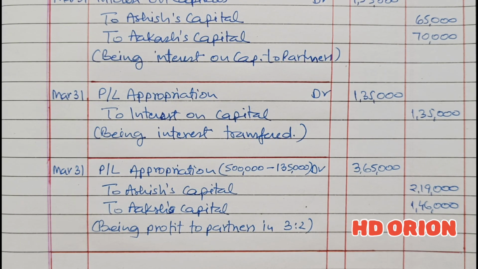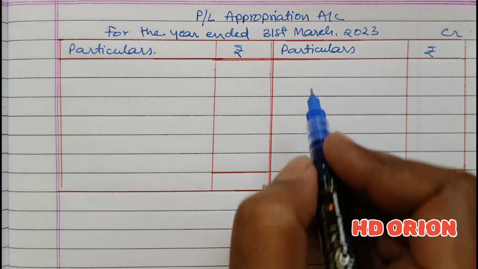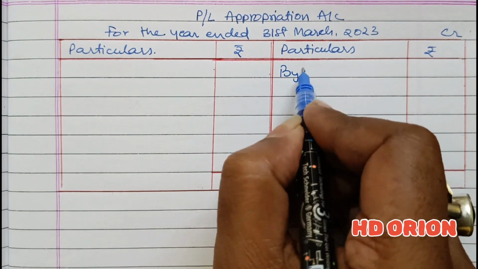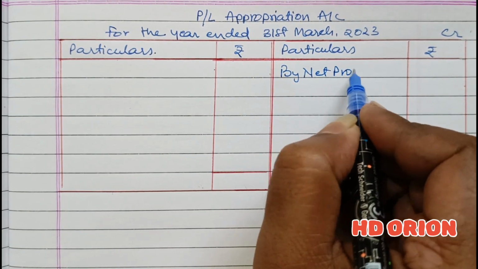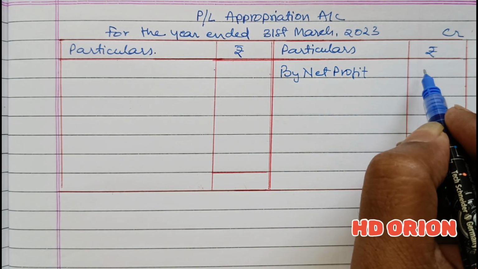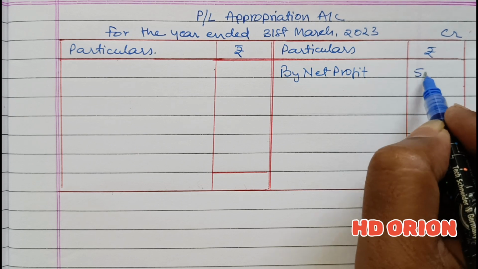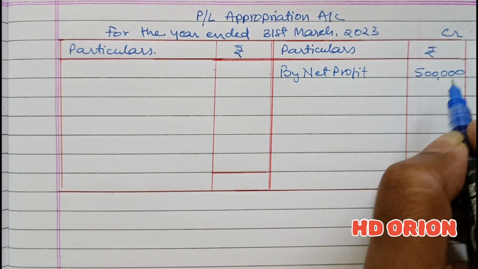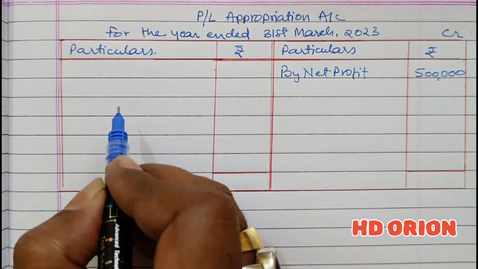Now we also have to prepare a ledger, profit and loss appropriation account. Let us see that. So in this, first we will mention the net profit, which is always a credit balance, and net profit is how much? 5 lakh rupees. And we have to show appropriation of this profit here.